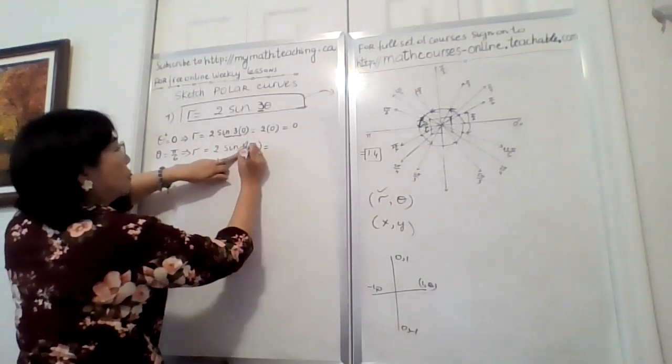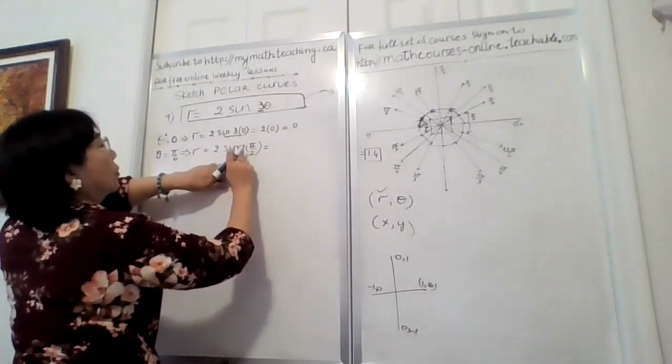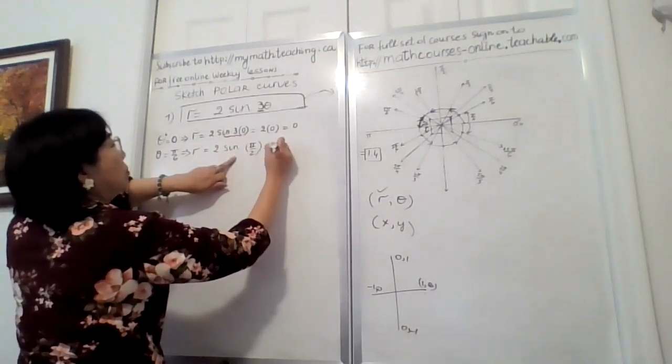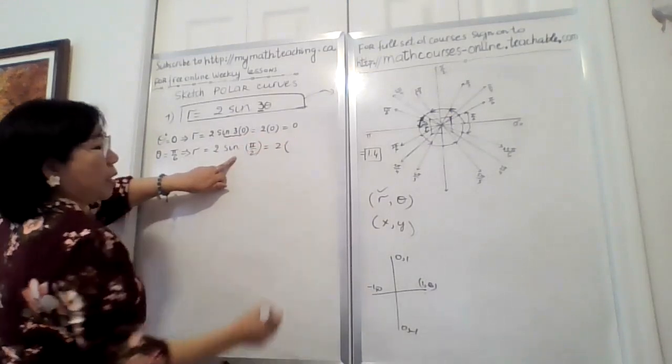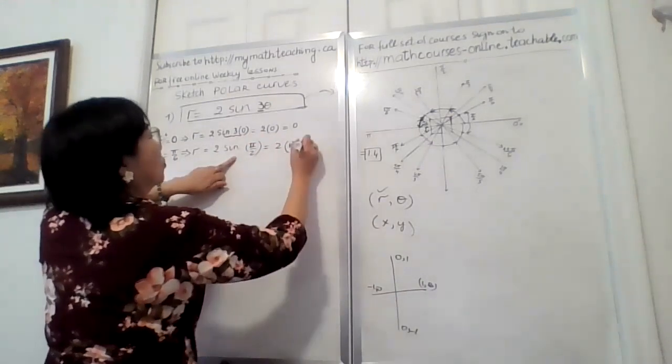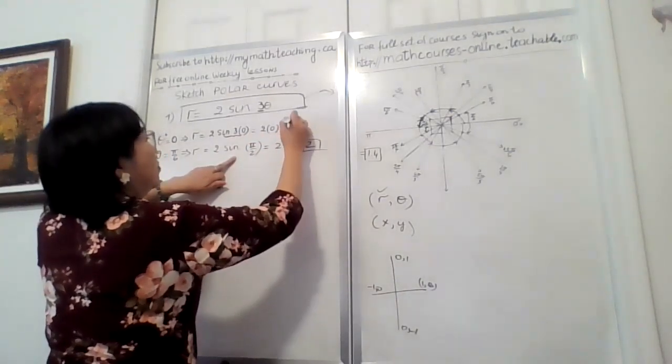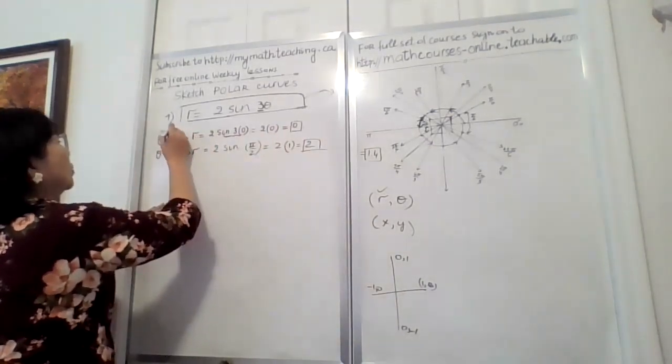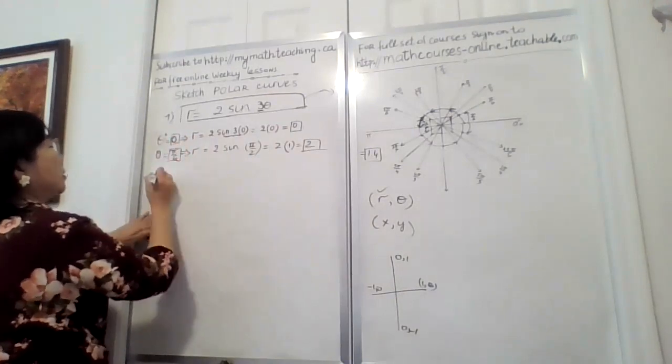This equals 2 times sine of pi over 2, which is 1. So that becomes 2. We record it so we know the angle and we know the radius.